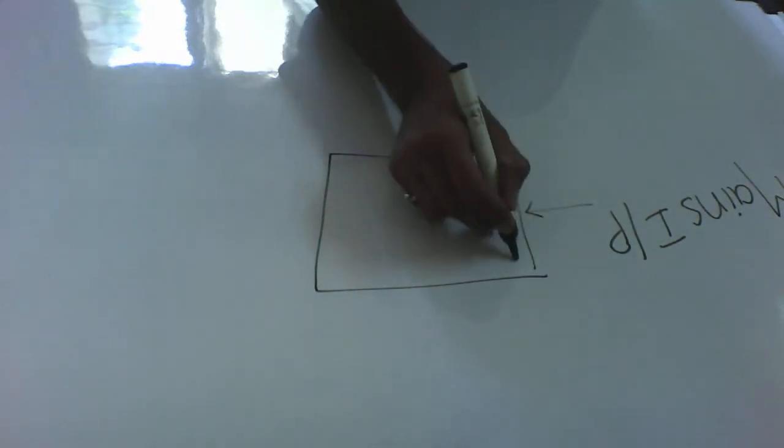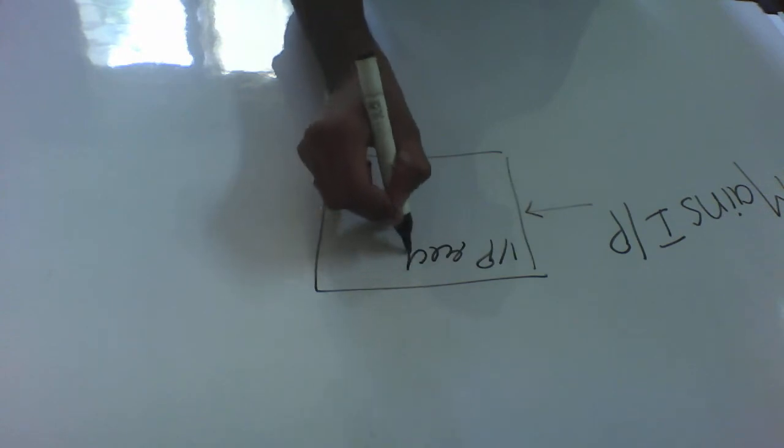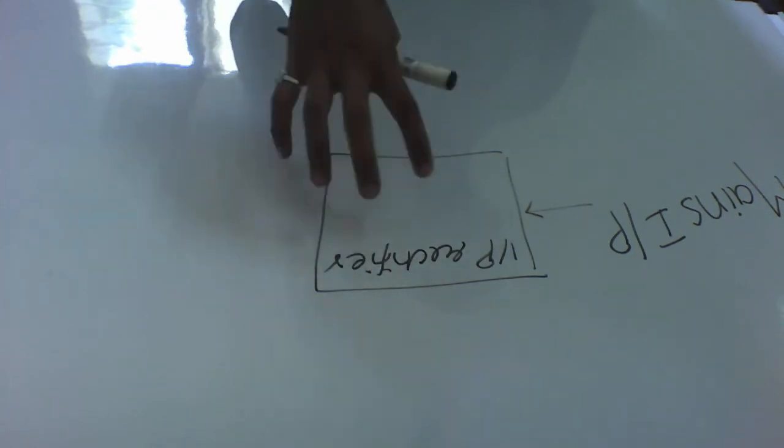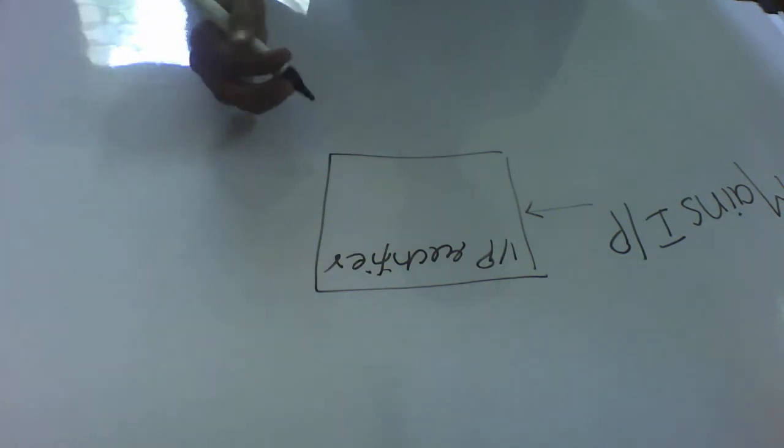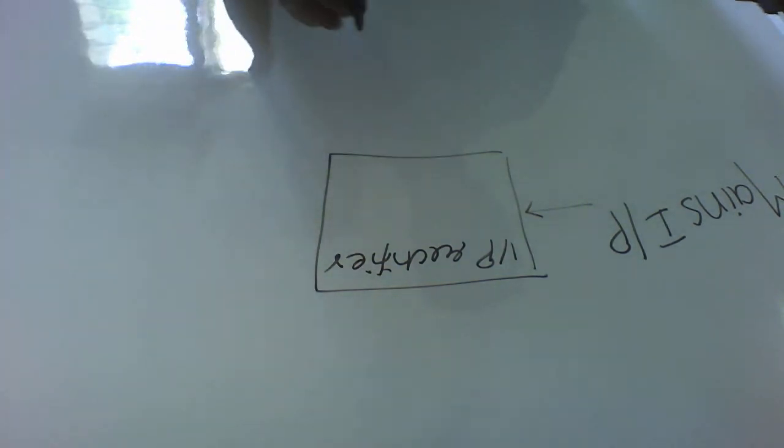Now let's go through the flow of operation, as in how the SMPS actually works. First is your mains input. First comes your mains input, that is given to an input rectifier. We'll come to each and every block in detail later on, but first we'll understand the flow.